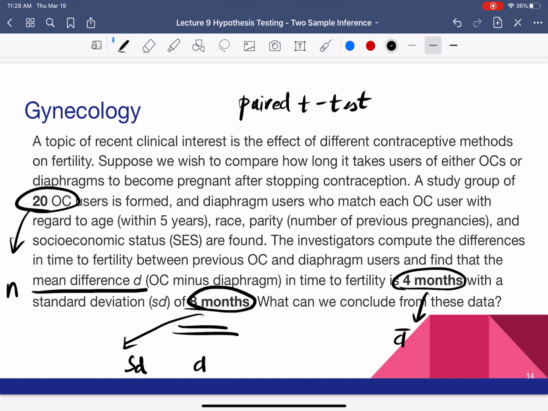So you have D bar equal to 4, ESD equal to 8, and N equal to 20. So use the data and use the p-value method and find the significance of the problem. So take a pause here, pause the video here and try solving this problem.